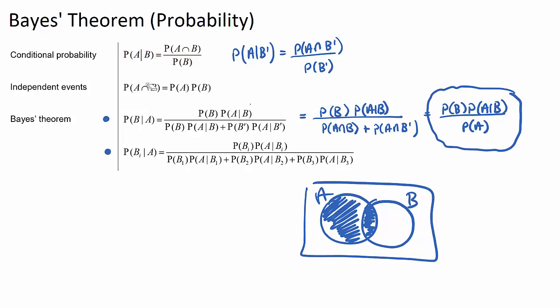Okay, you might think, where are we going with this? I don't see why we need to do all of this manipulation. Here's the difference between the conditional probability formula and Bayes' theorem.